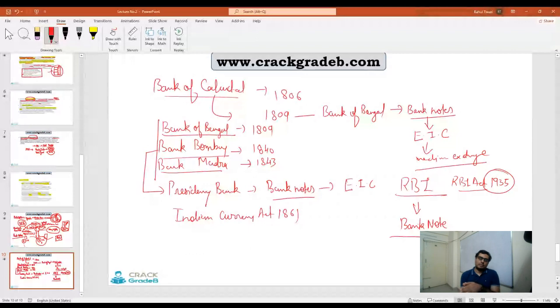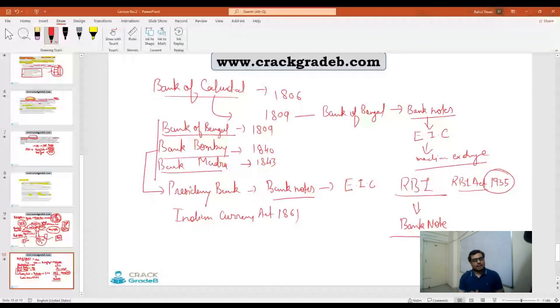However, government has the power to demonetize it. Government has the power to refuse or stop the circulation of those banknotes as a currency. So till then government is accepting that note as a currency, right? Till then it is going to be used.